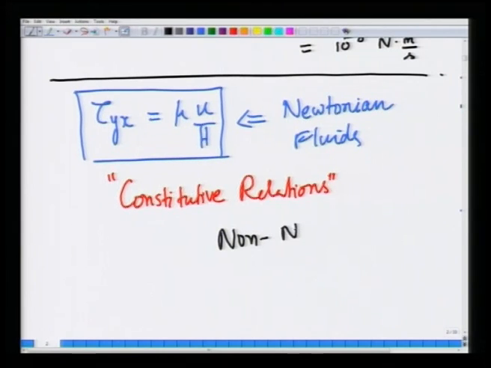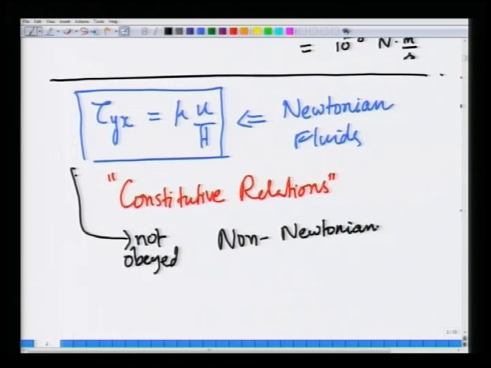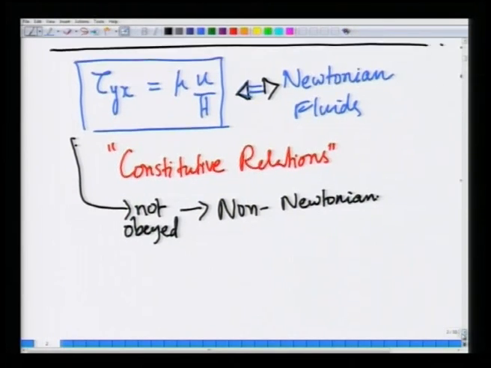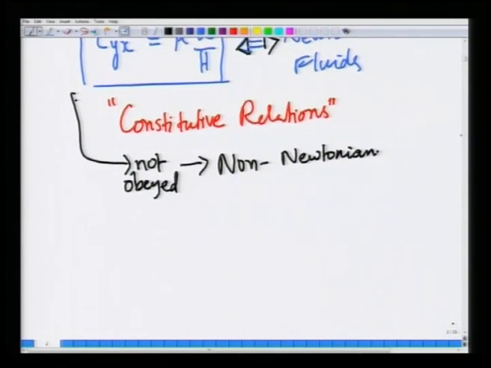Anything that does not obey this, if this is not obeyed, is called a non-Newtonian fluid. Things that obey this are called Newtonian fluids. We will discuss much later in this series of lectures how to understand the behavior of non-Newtonian fluids.